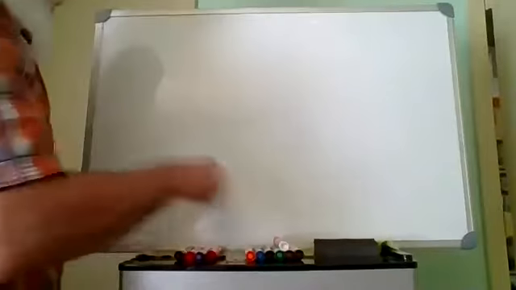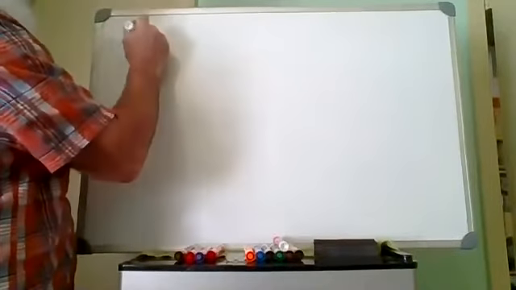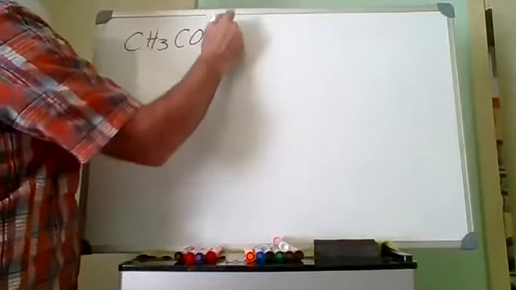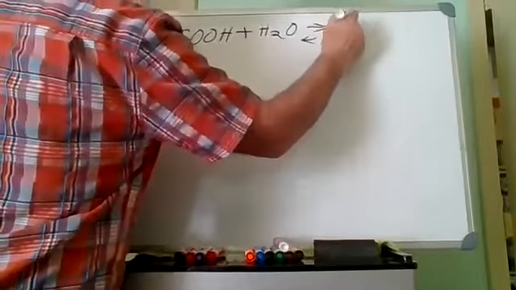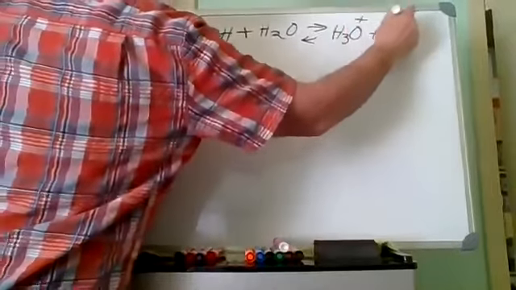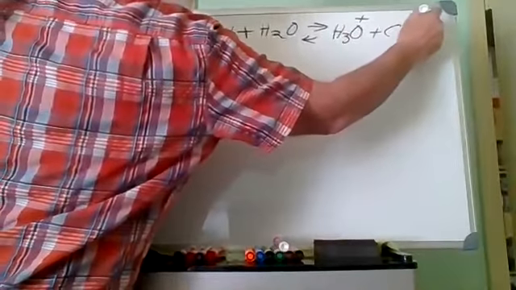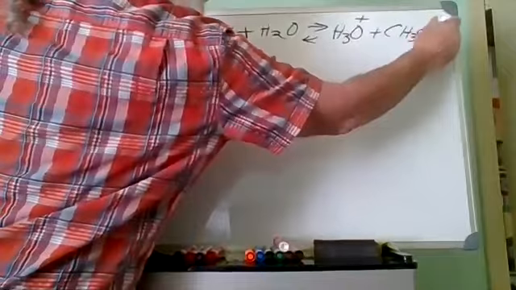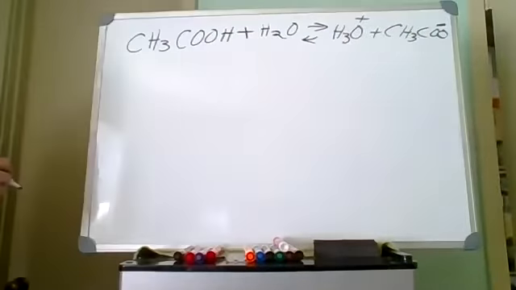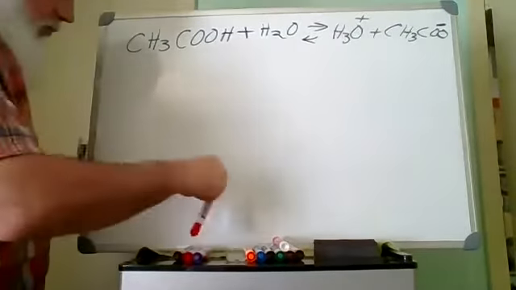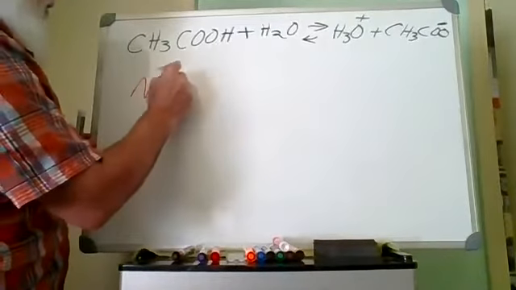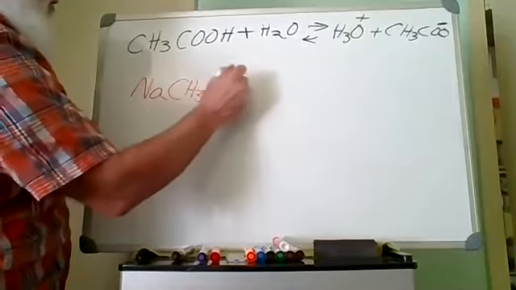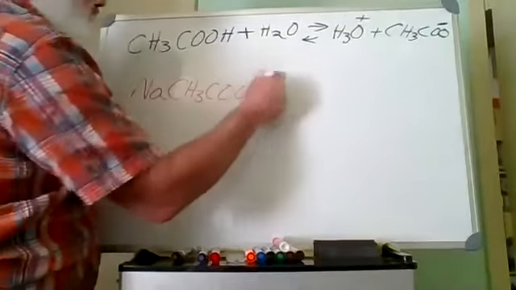For example, if we were to mix acetic acid, when this reacts with water, we're going to get hydronium ion and acetate anion. However, if I were to mix that with a solution of, say, sodium acetate, when I put that into water, it dissociates.